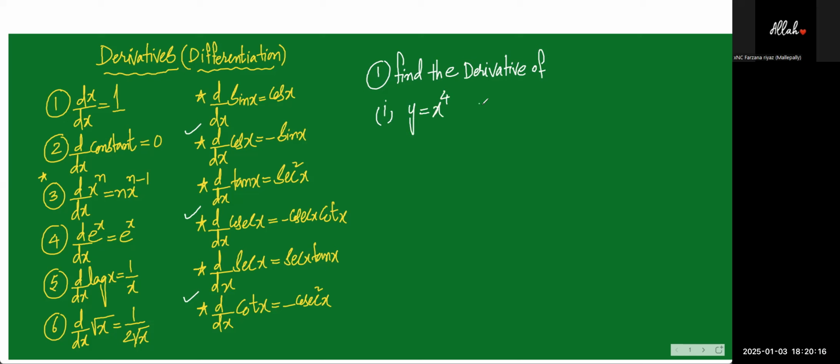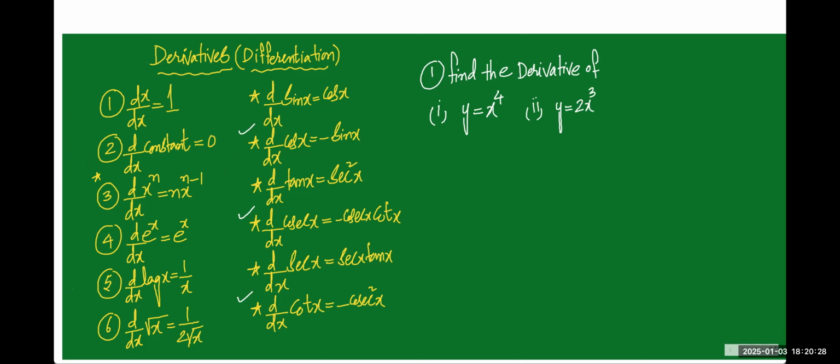The second one is y equals 2x cube. Now the third one, very, very simple example I am taking. y equals 5x square.